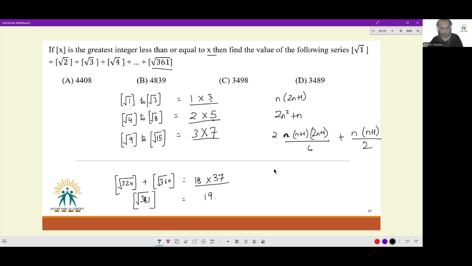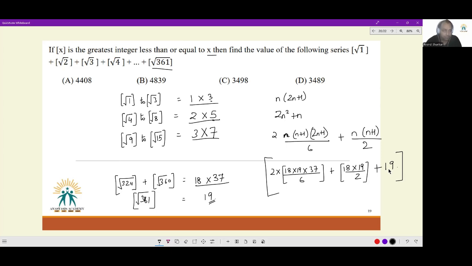I can put that down: 2 into 18 into 19 into 37 by 6, plus 18 into 19 by 2, plus 19. This is my final answer. This 19 that had not been included so far, I've also included.